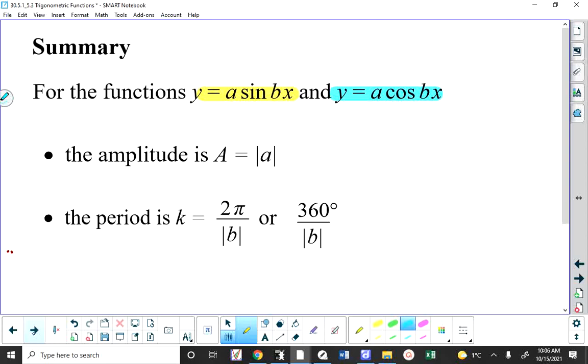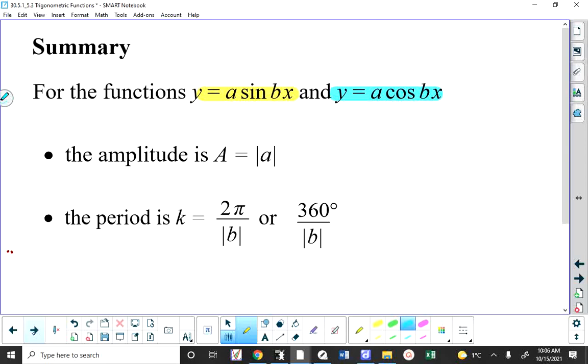And if a is negative, the amplitude is just that number. It's not the negative. So that's why I have absolute value of lowercase a. And the period is 2 pi over b. If you wanted a graph in degrees, then it would be 360 over b. You'll notice I put b as an absolute value because if b is negative, that just reflects it horizontally. It doesn't affect the period.